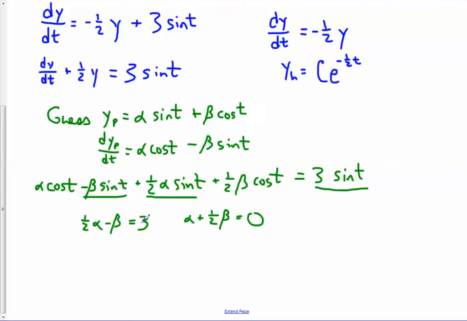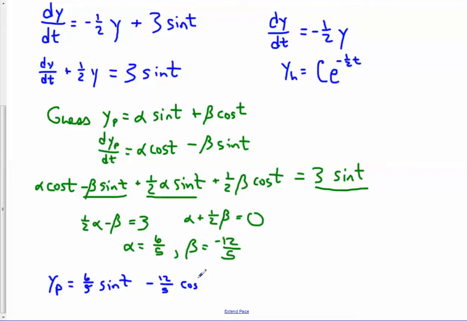I have to do a little bit of algebra to solve these two. Let me just tell you what the result is. The alpha comes out to be 6/5, and the beta comes out to be -12/5. Which means that my particular solution is 6/5 sine t minus 12/5 cosine t.